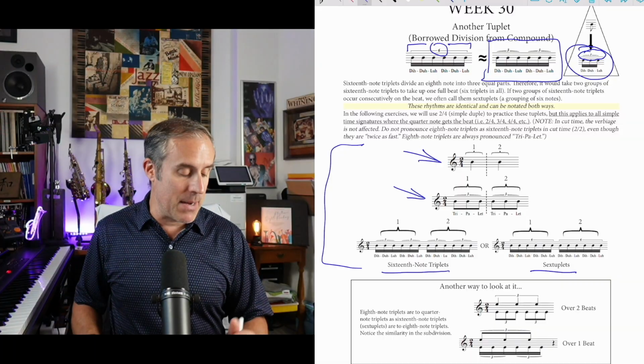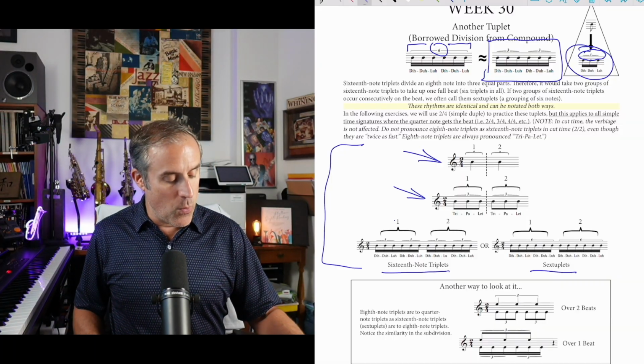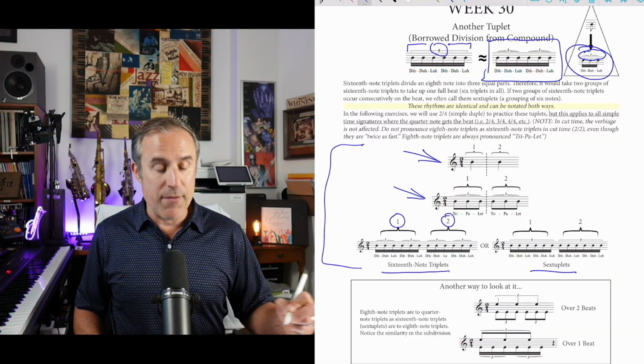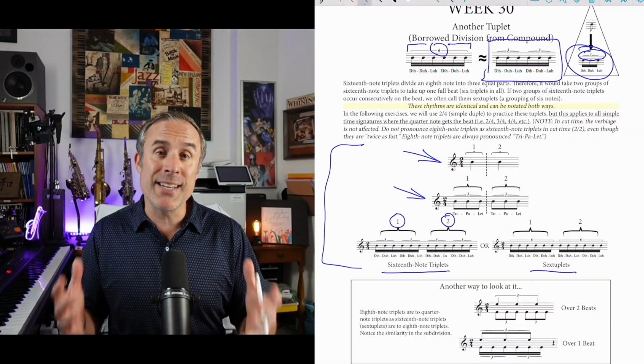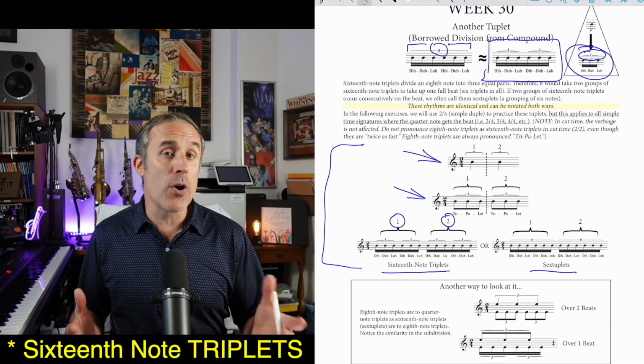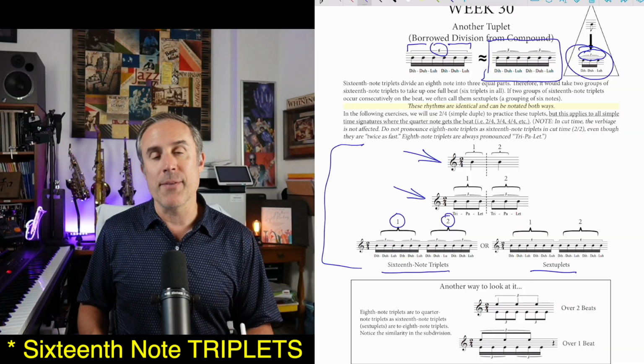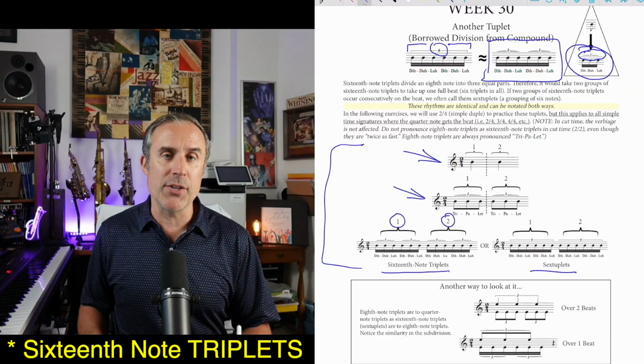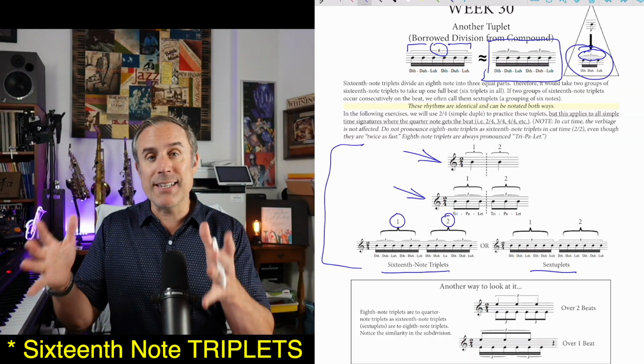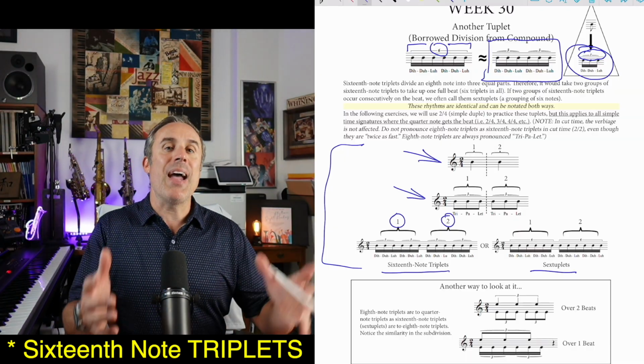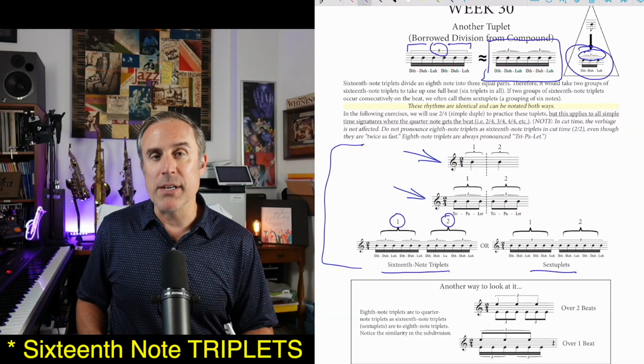Anyway, let's look at the example on the left. You'll notice the 1 and the 2 here above these, because there are 6 16th notes per beat in simple time signature. And in this case, we have 2 beats in the measure, so we're going to have 6 16th notes on beat 1 and 6 16th notes on beat 2.